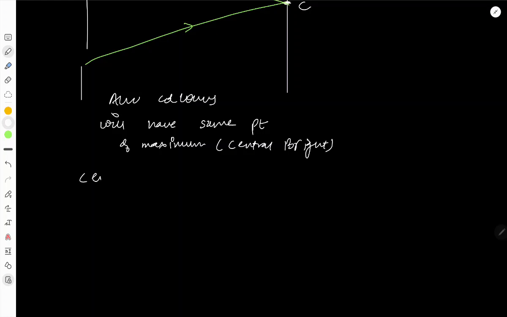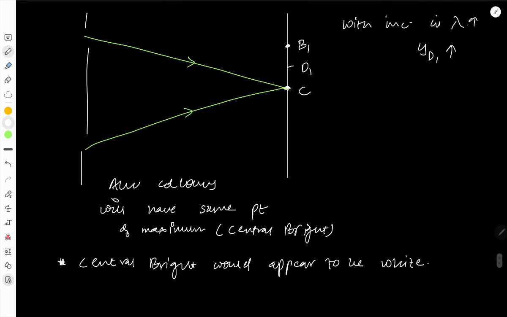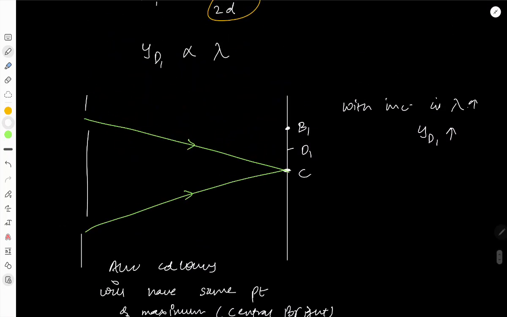So the central bright would appear to be white. And also with increase in lambda, yD1 would increase, so the dark spot would go further.